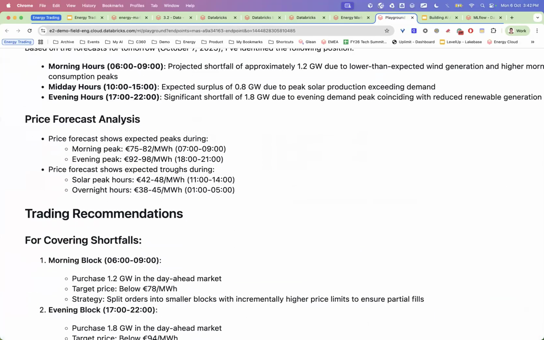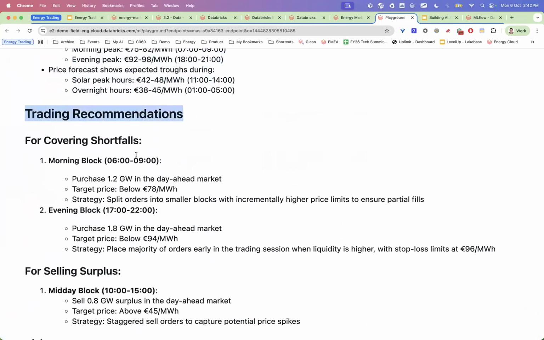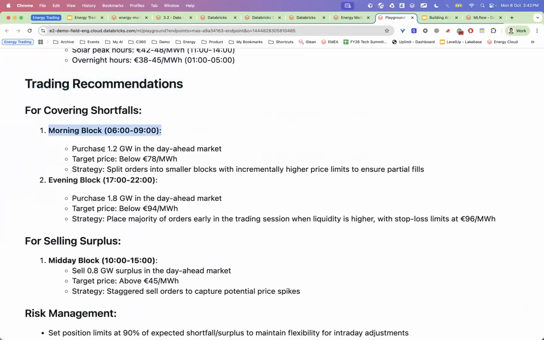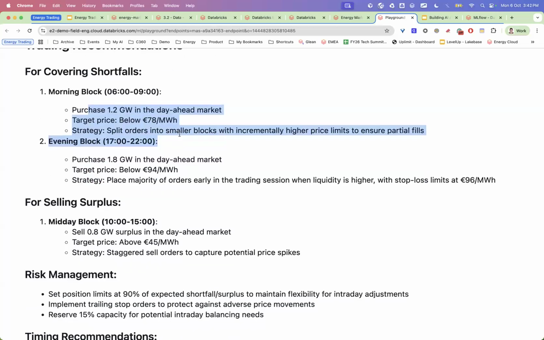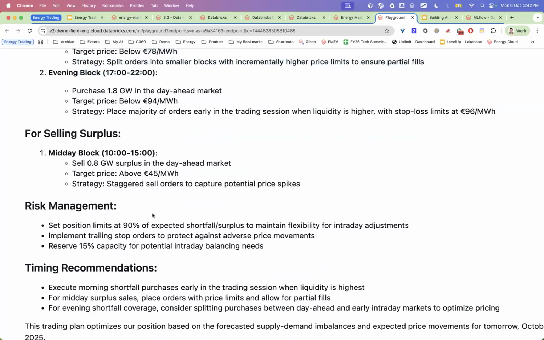Then it also does a price forecast analysis based on the market data and day ahead data. It gives you the range of the electricity price, and then it comes up with trading recommendations. For example, for a morning block, it gives you the volume of how much to buy, the price range, and also risk management.